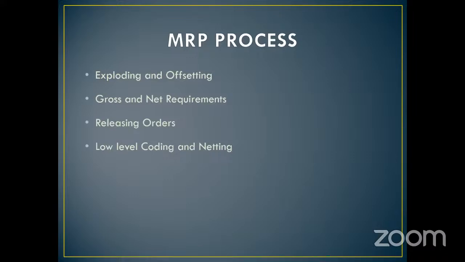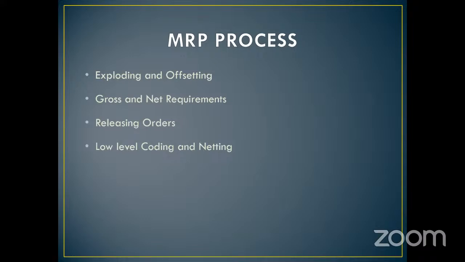And the MRP process consists of these four steps: exploding or offsetting the production system, then gross and net requirements of the product, and releasing the order. How much is required, then you have to release the order. Yes, you require this much, kindly submit it within a certain time period.